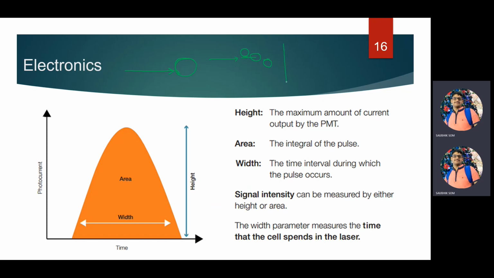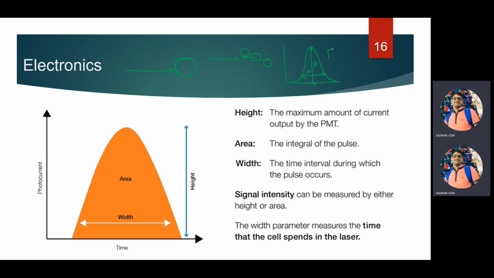Due to that, we have a kind of Gaussian curve which looks like this. This is known as height, or H, and this particular area is known as width.